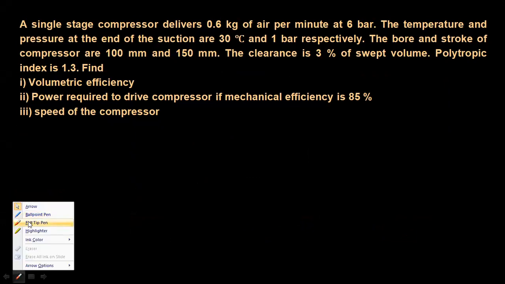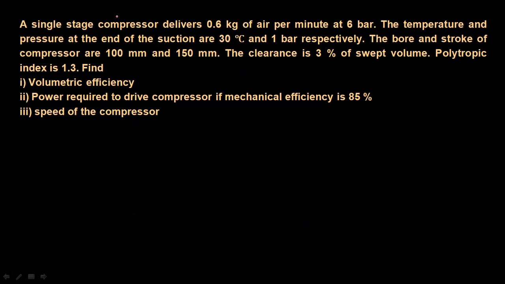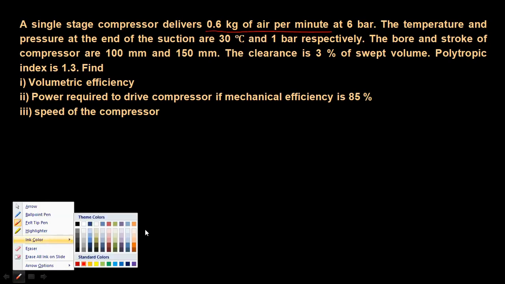The question is, a single stage compressor delivers 0.6 kg of air per minute. What is this 0.6 kg of air per minute? This is the mass flow rate of air, given in the question. So we are going to write it down.